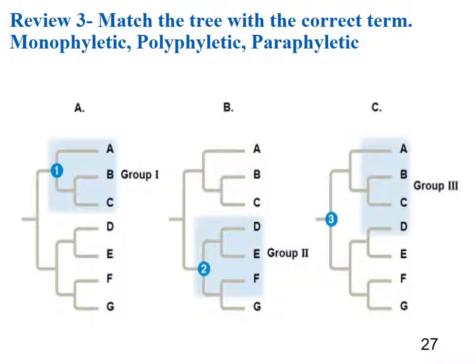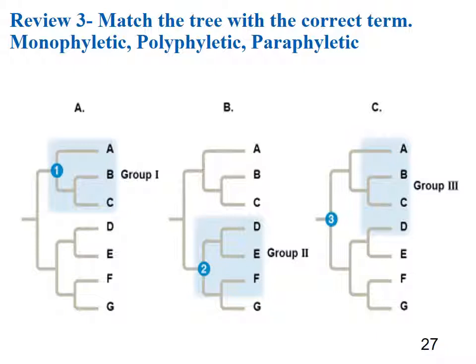So go ahead and look at the pictures and determine if the grouping is either monophyletic, polyphyletic, or paraphyletic. If we look at A, it has the ancestor and all of its descendants grouped together, so that is going to be a monophyletic grouping, or a clade.